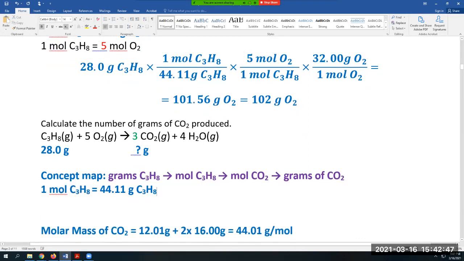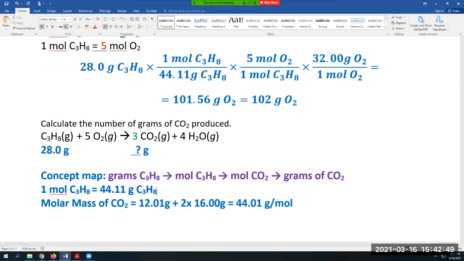We need the molar mass of CO2. So let's calculate the molar mass of CO2. You take 1 times the mass of carbon, and that's 12.01 here. And then you take 2 times the molar mass of oxygen, and oxygen has a molar mass of 16.00 grams. You add that together and it's 44.01 grams per mole.